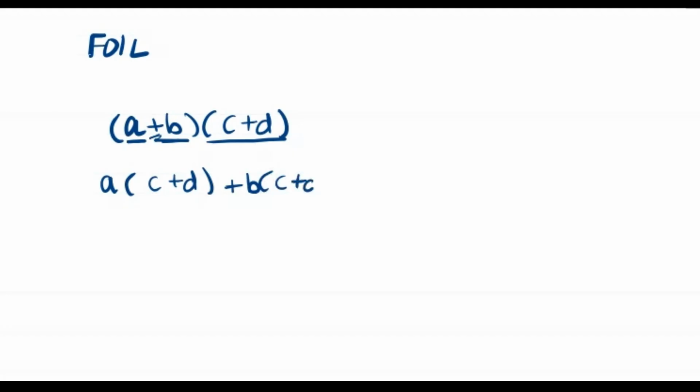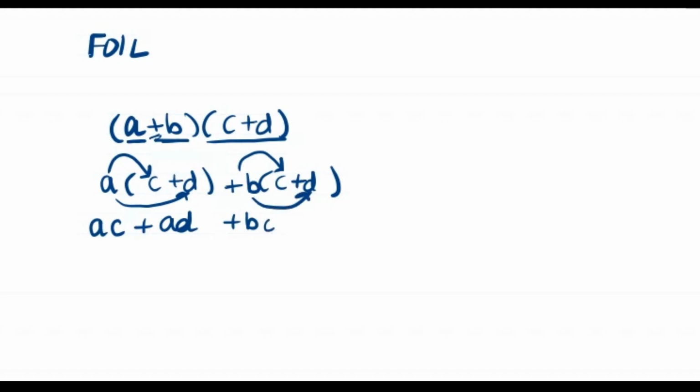Then C plus D. Now it's easy. I multiply the A with the C plus then the A with the D plus B into C, which is BC, and then B into D.